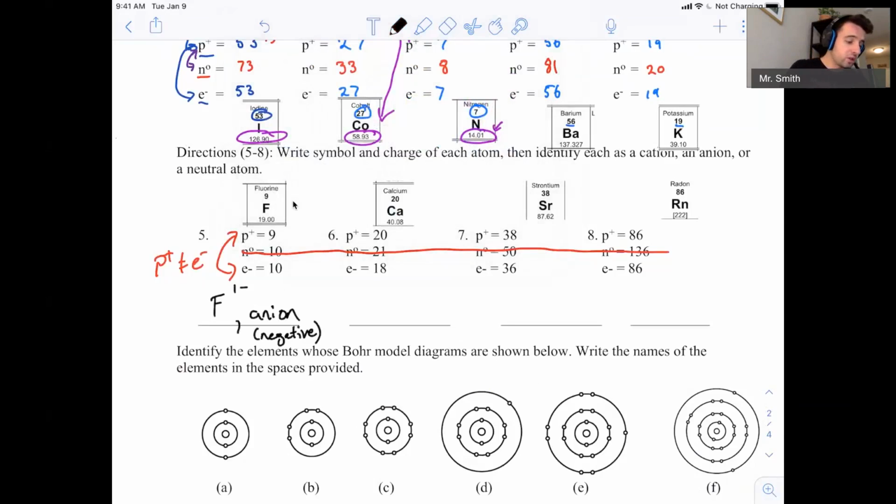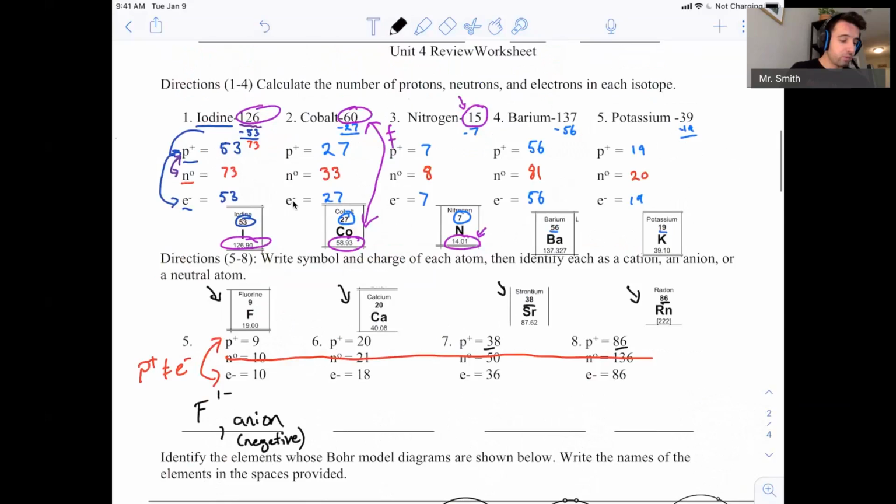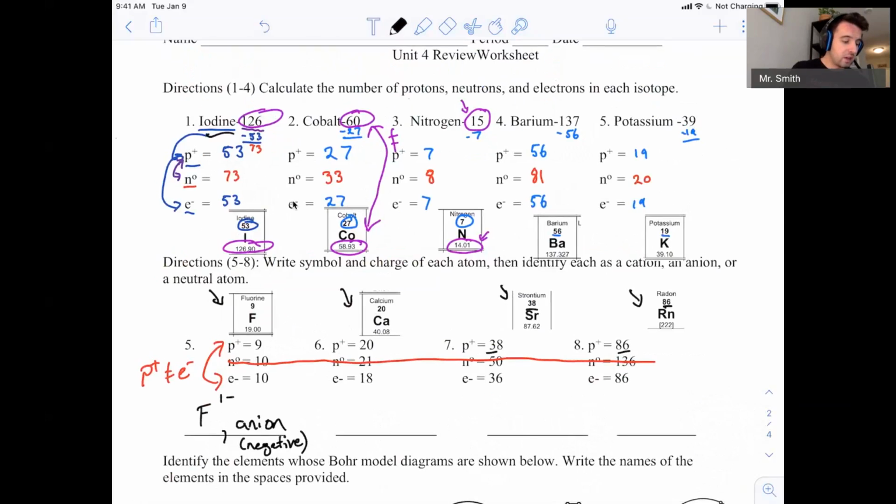Once again, you'll notice here that I've taken the time to copy and paste from the periodic table. How I did that is I just matched up the protons. In the previous example with iodine and iodine, or cobalt and cobalt, I just matched up the names. So the name is the same as the proton number in a lot of ways.